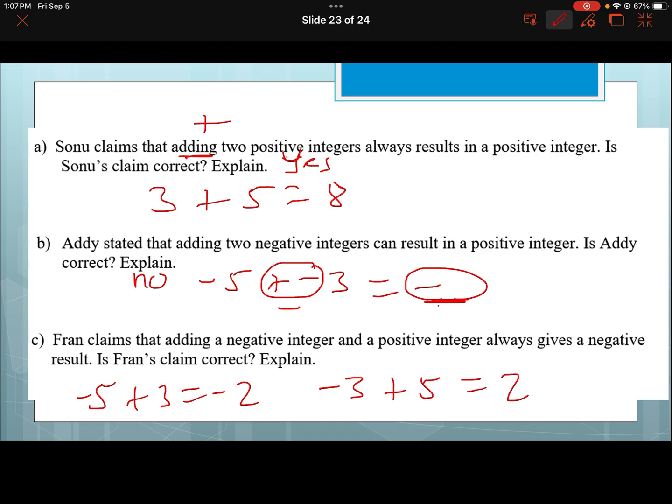Is she correct? No, not completely, or not always. If she said sometimes, then she'd be right. But no, not always, because you can get positive or negative, or we could even get 0. If we did -3 plus 3, that's 0. So yeah, Fran's nonsense.